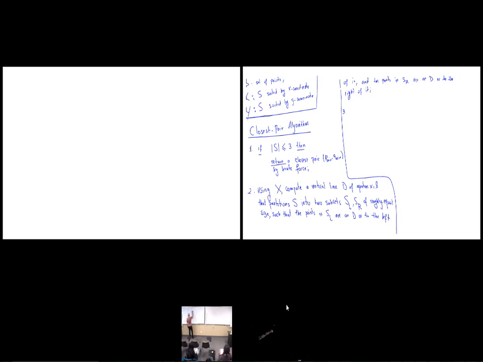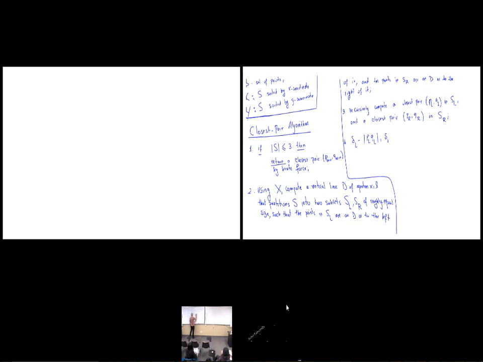You recurse on each one of them. Recursively, using the same algorithm, compute a closest pair PL, QL in SL, and the closest pair PR, QR in SR. Now you have the pair PL, QL, and you compute delta L, which is the Euclidean distance between PL and QL, the norm of PL QL.